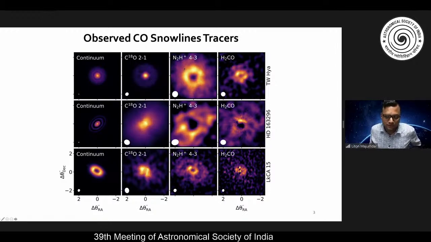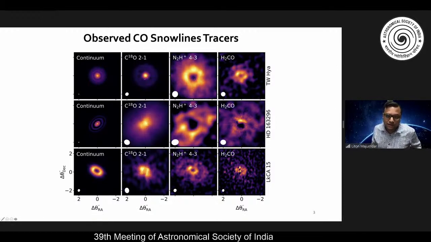We often use N2H+ as a tracer of the CO snow line, which decides where CO is frozen and where CO is in the gas. So you can see the concentrated ring inside, which is telling you CO is in the gas phase, and here the N2H+ is weak.